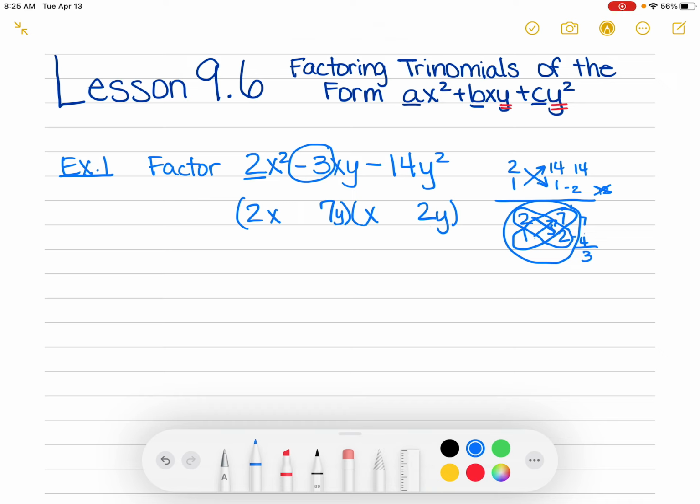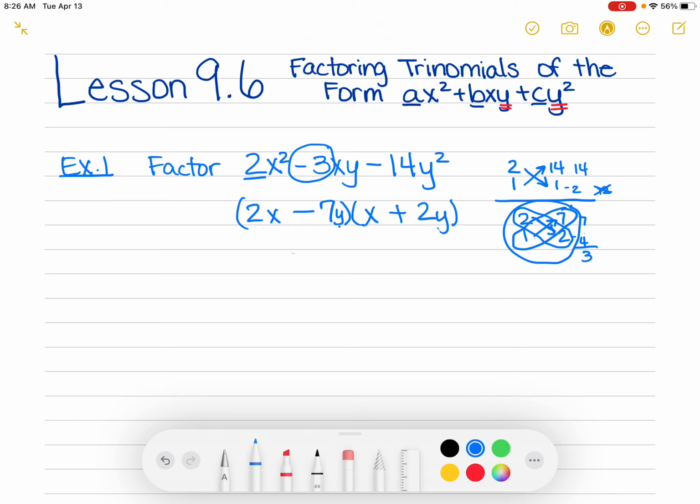I want my minus to be with my biggest number, which is 7. My smaller number is the 2x times 2y, which gives me 4xy. Now when I multiply these, you see what I get? I get negative 7xy and 4xy, and that's going to give me negative 3xy. So that is my answer. I'm going to erase all these arrows so you can see it better.